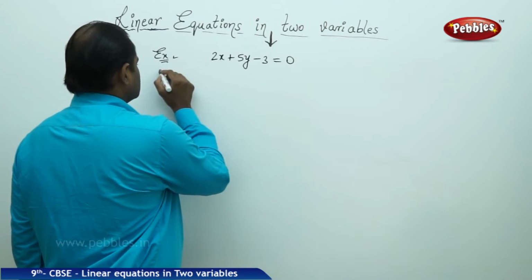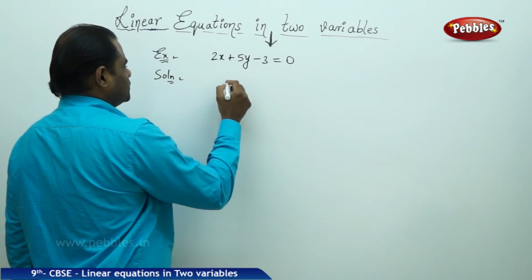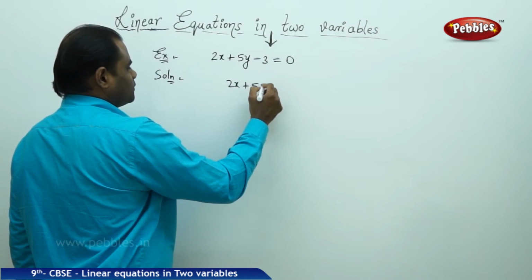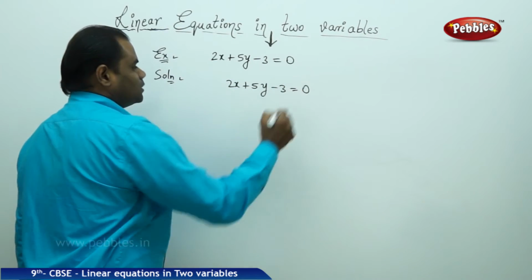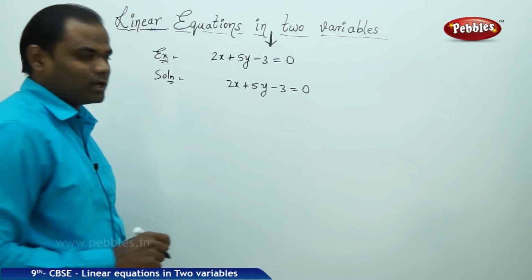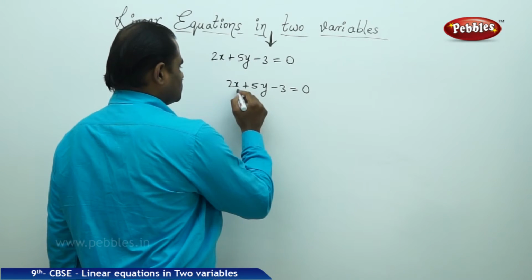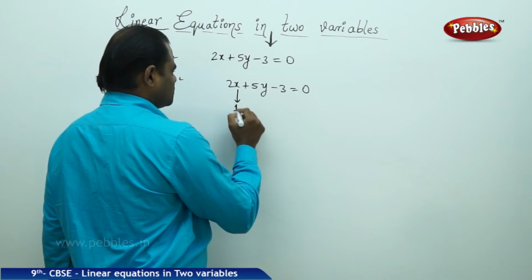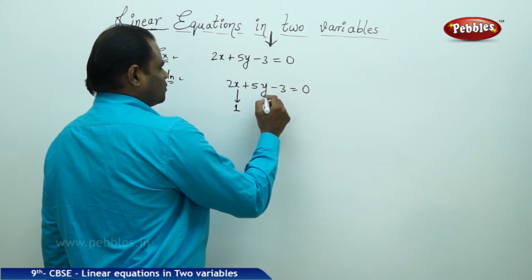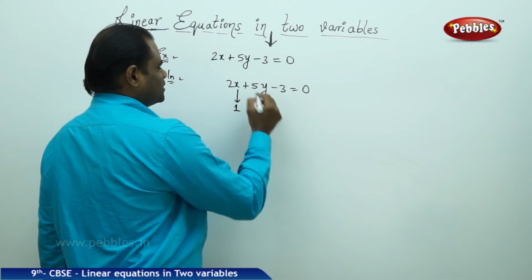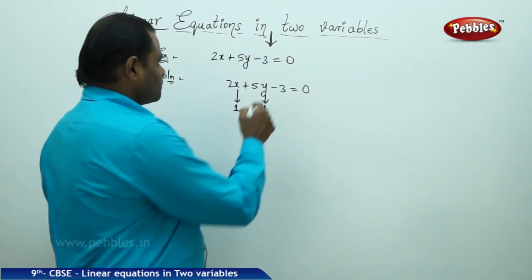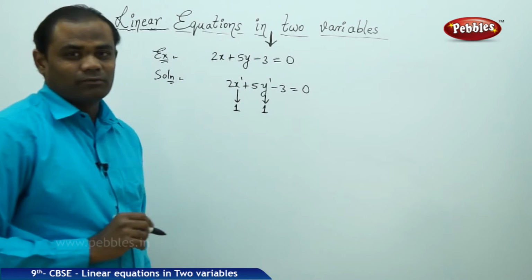Rule 1 is first to take the given equation in the form equal to 0. Then the degree is 1, because its power is 1 for each of x and y.